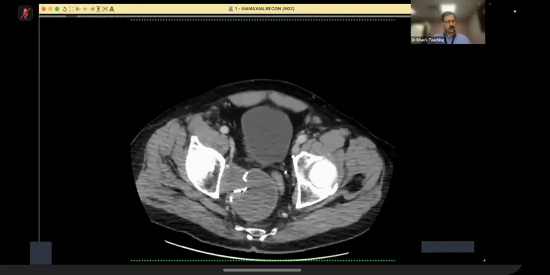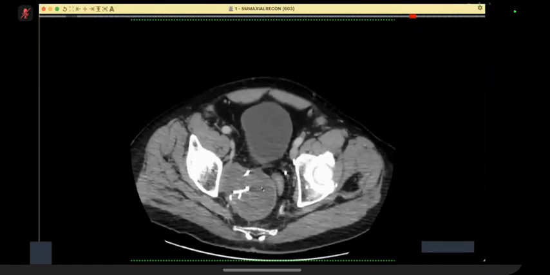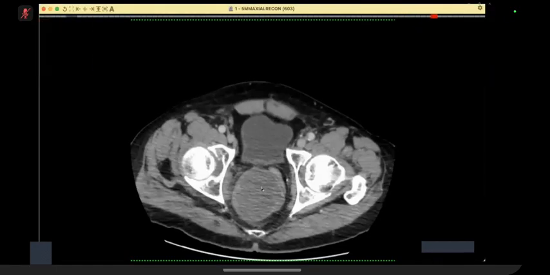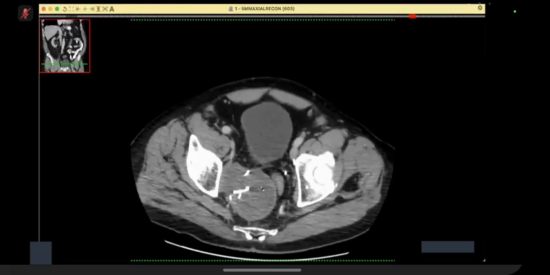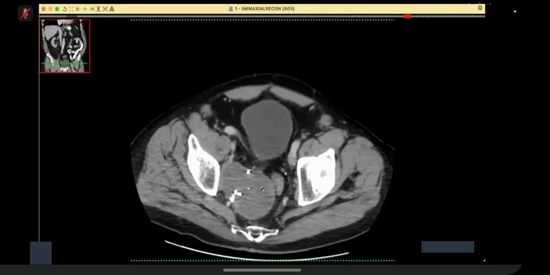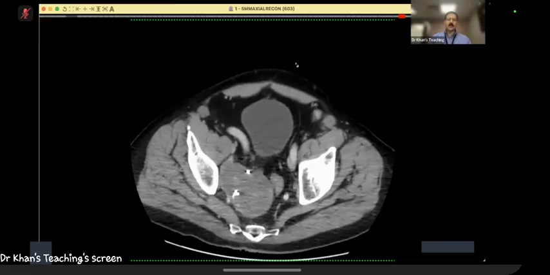It was sort of a metallic type of density. Does the patient have any history of surgery? If the patient has any history of surgery, this may be a metastatic recurrence from prostatic cancer after removal of the prostate. Okay, madam. Thank you.